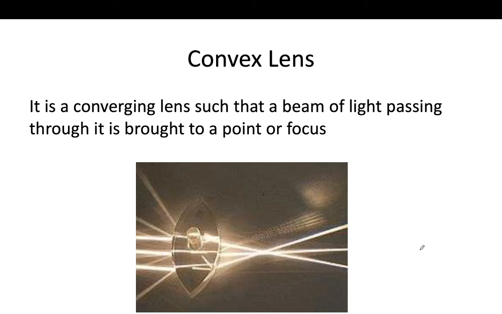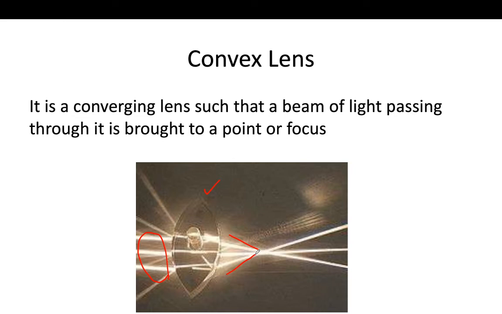So what is a convex lens? It is a converging lens such that a beam of light passing through it is brought to a point of focus. Whenever more than one light beam is coming and a convex lens is used, the convex lens will bring all these beams to a single point of focus.